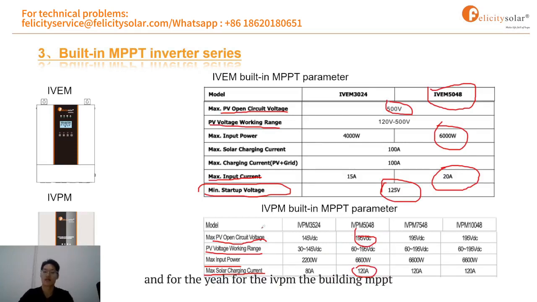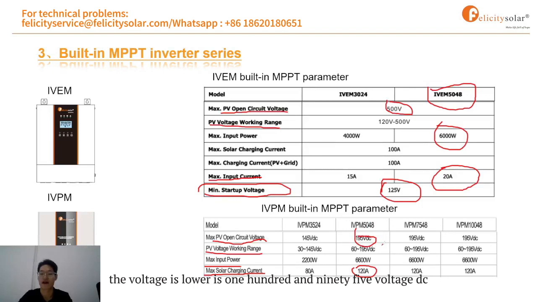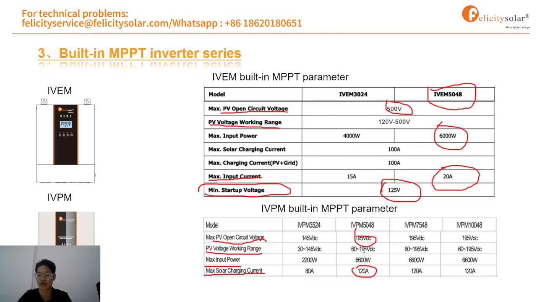For the IVPN built-in MPPT, the voltage is lower, 195 voltage DC. But for the current, the solar charge controller current of the IVPN is 120, the maximum is 120.